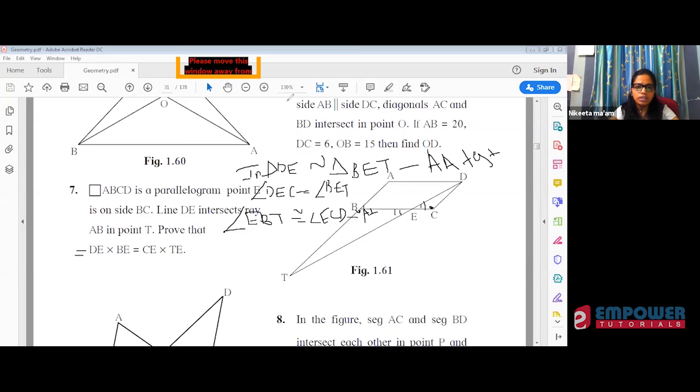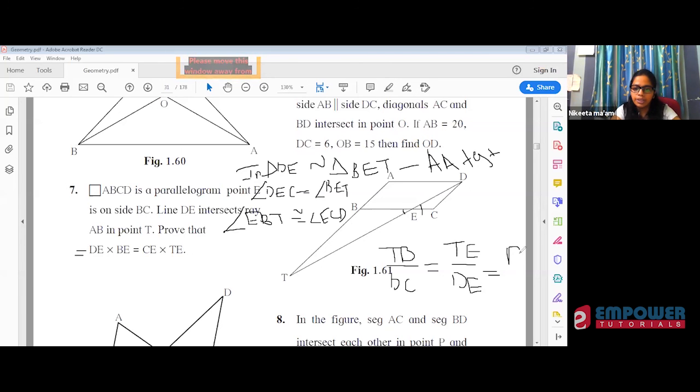Now we must find out the pairs of sides. Since E is congruent to this E, that means TB upon DC should be equal to, now B and C are congruent, that means TE upon DE, and the next thing, which side is left?